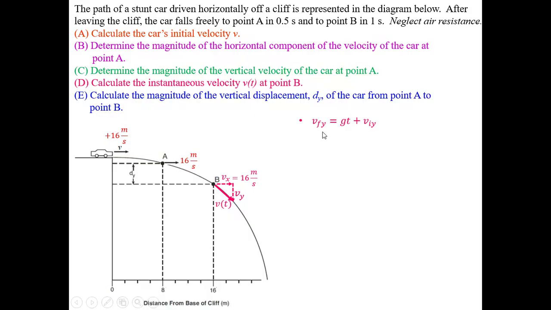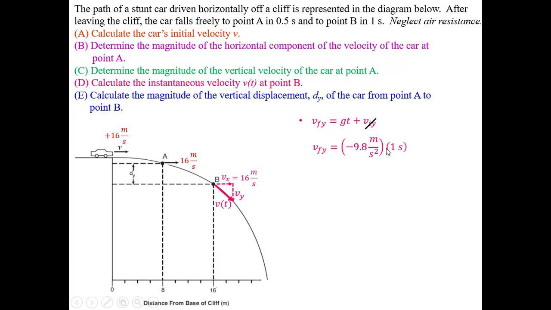To find Vy, I can just set up Vfy is equal to at plus Viy. Again, this is just your final velocity is equal to acceleration times time plus Vi, right? The subscripts here just help you organize your information. Well, what is your Viy? Viy is 0 because the car is initially moving horizontally. So therefore, g is negative 9.8.